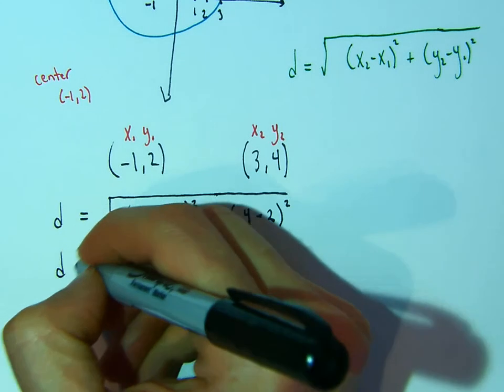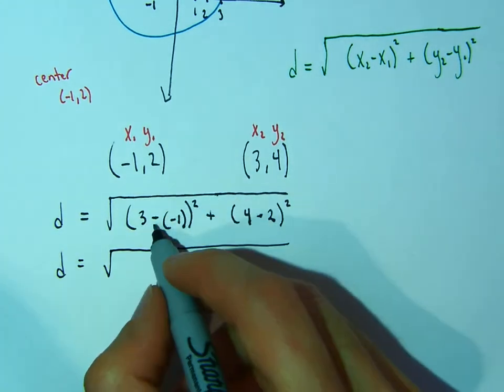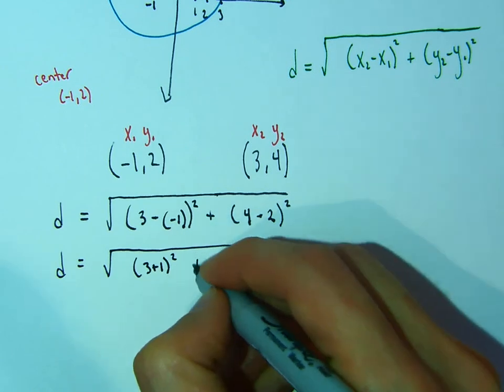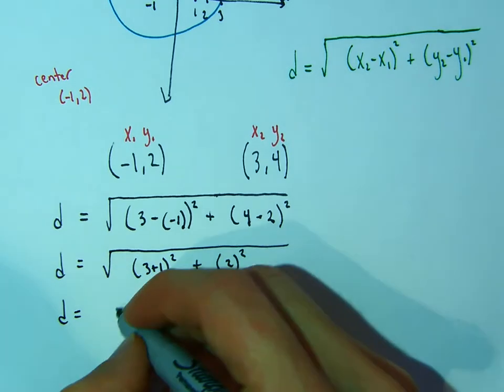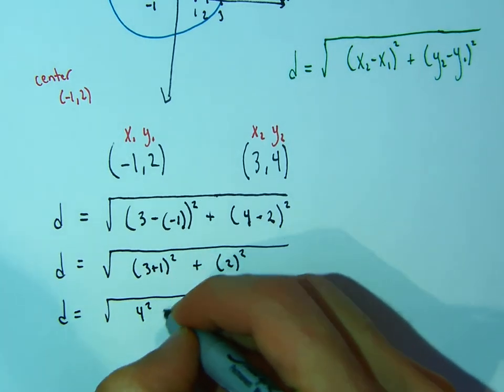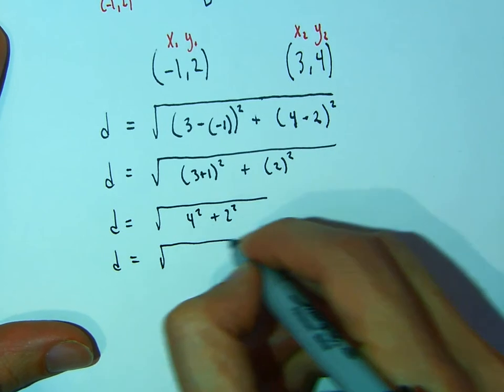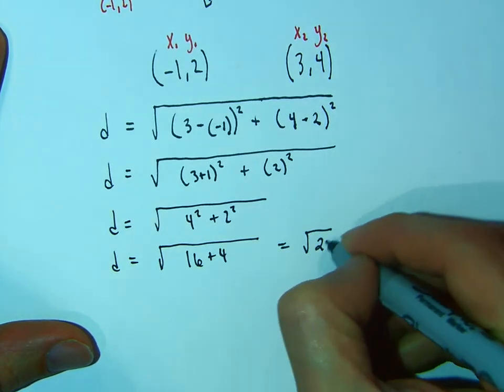So then I have d equals the square root of 3 minus a minus 1. This becomes 3 plus 1 squared plus 2 squared. So that's d equals the square root of 4² plus 2². So the distance is the square root of 16 plus 4, and that's equal to the square root of 20.